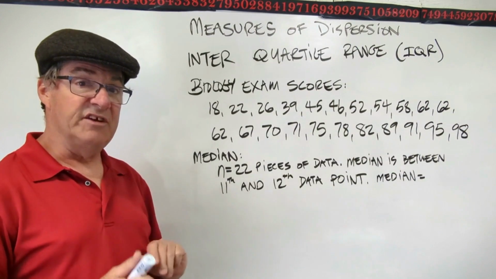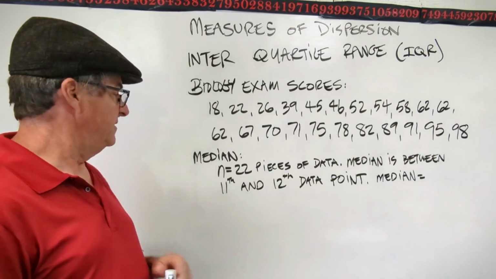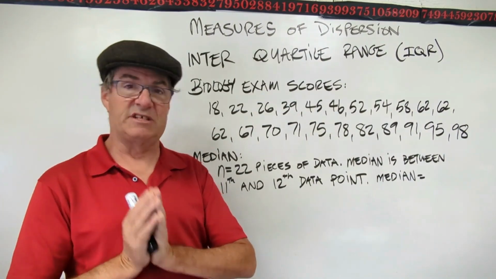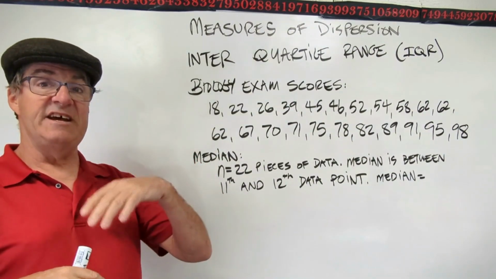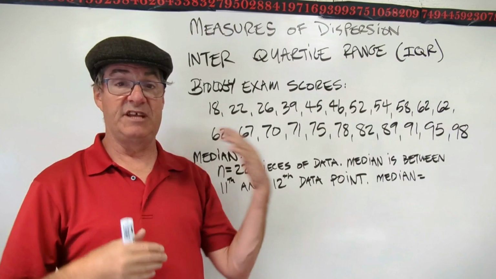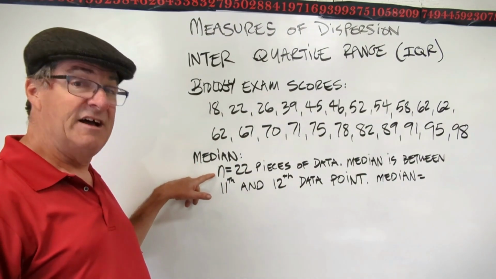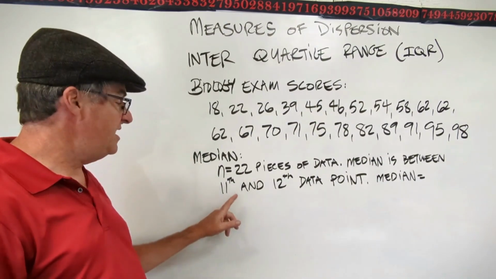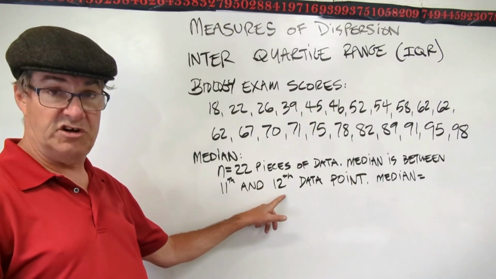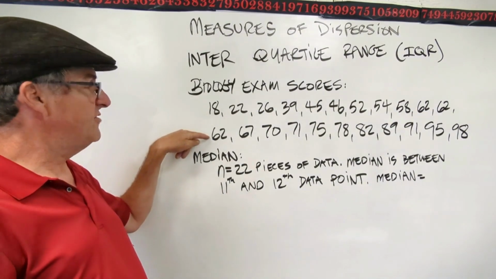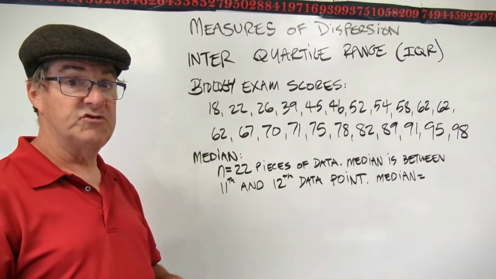Now, to start this, we need to find our median. So remember, our median is the middle value. It's the value for which half the data is above and half the data is below. So if I have 22 pieces of data, the median is going to be between the 11th and the 12th term. And so I've organized this with 11 terms on the top row and 11 terms on the bottom for our total of 22.